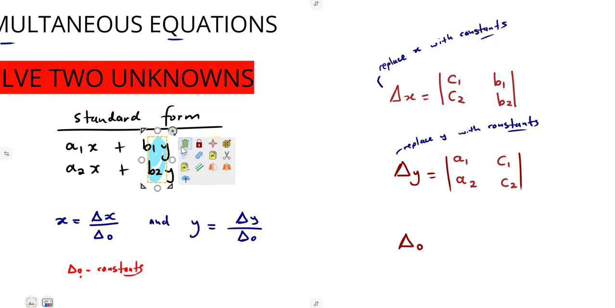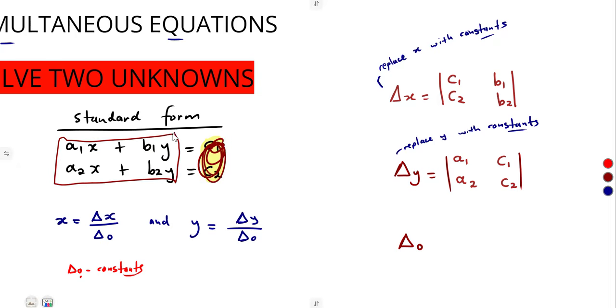So if we are to ignore the constants, I want you to see that if this part is being ignored, are you seeing that we already have what we need on the left hand side? A1, A2, B1, B2. They're those coefficients making up a determinant. So we're just going to ignore the constants, then take those coefficients in that order.